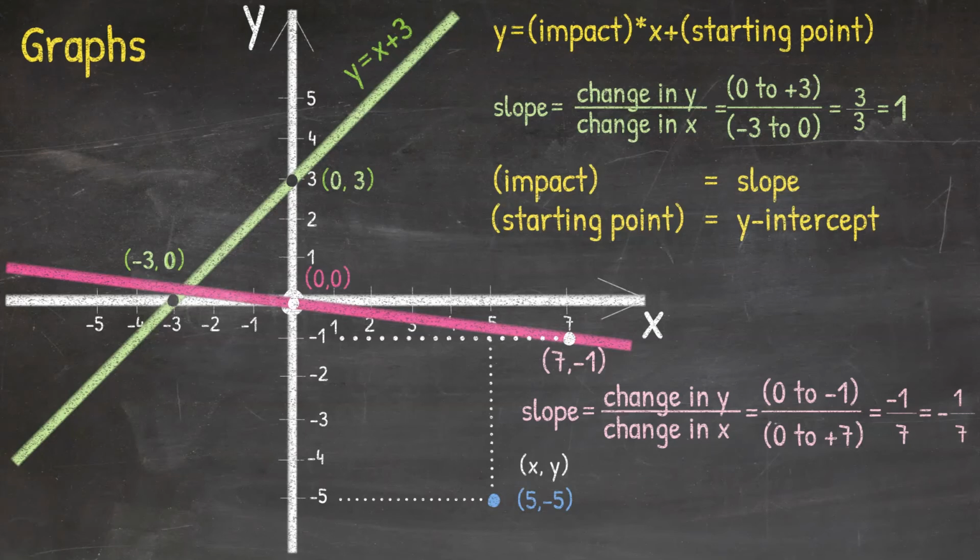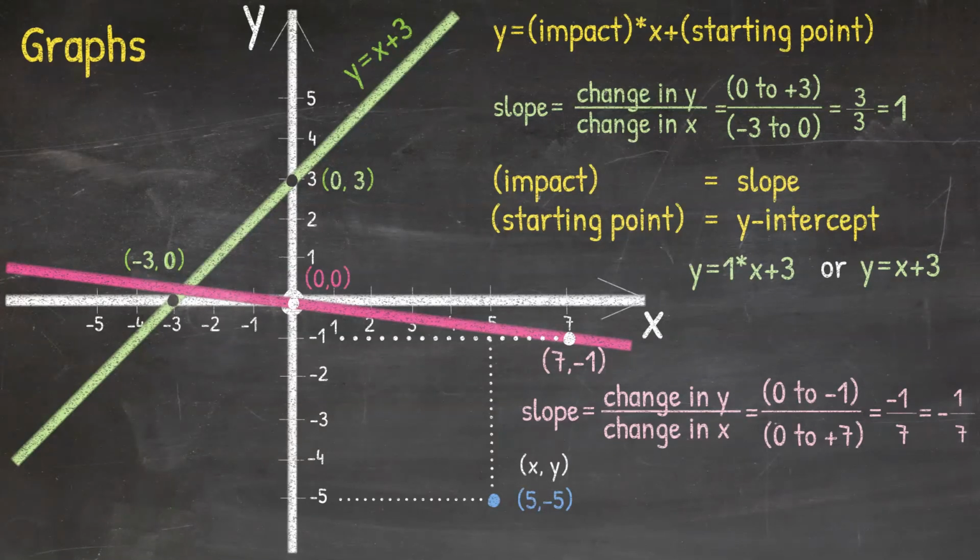The equation for the green line would be y equals, our impact or slope is 1 times x plus starting point or y-intercept is 3. So here we get this formula y equals x plus 3, the one that we defined on the line itself when we just put down this line.